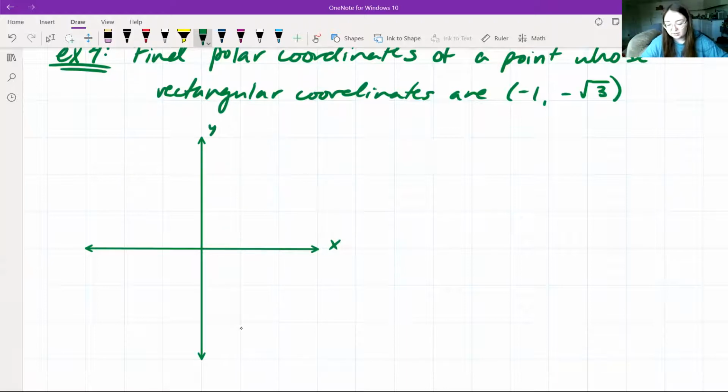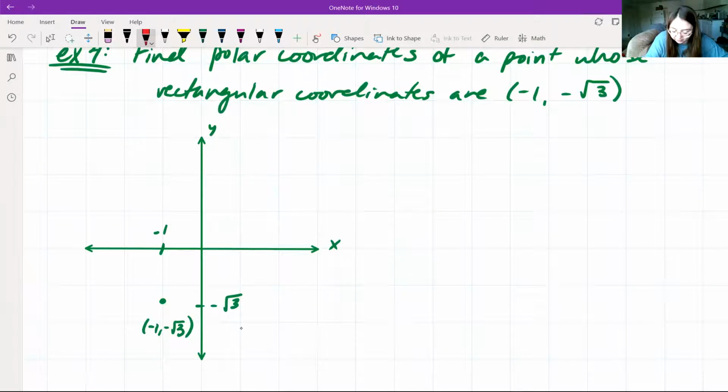We know that our x value is going to be -1. We'll state it's about here. This is -1, and this right here is going to be negative square root of 3. So our point is going to lie right about there, so we'll put the point -1, negative square root of 3.